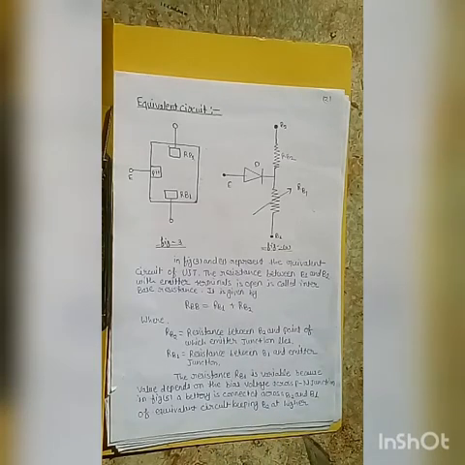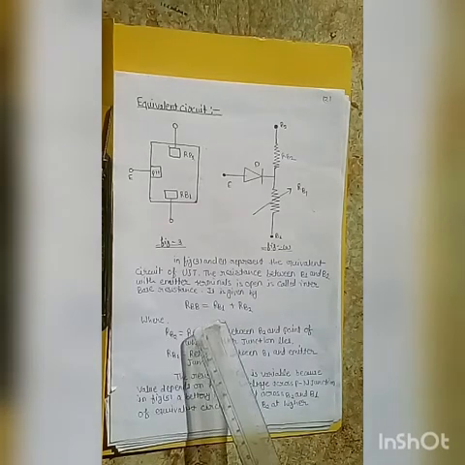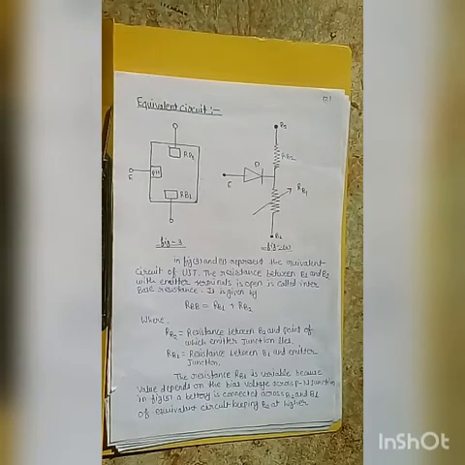It is given by RBB equal to RB1 plus RB2, where RB2 is the resistance between B2 and the point at which the emitter junction is, and RB1 is the resistance between B1 and the emitter junction. The resistance RB1 is variable because its value depends on the bias voltage across the PN junction.